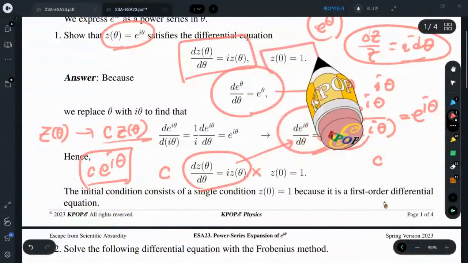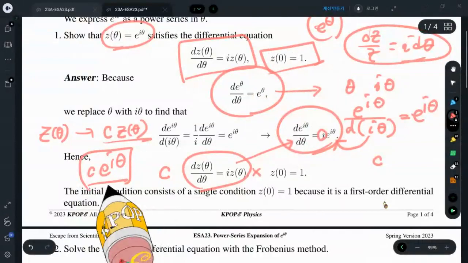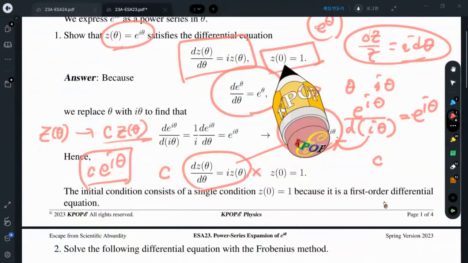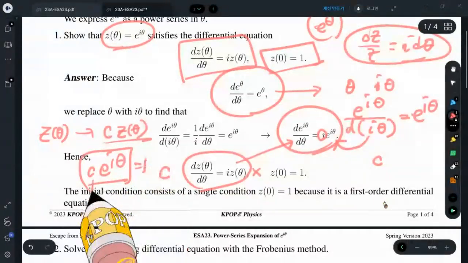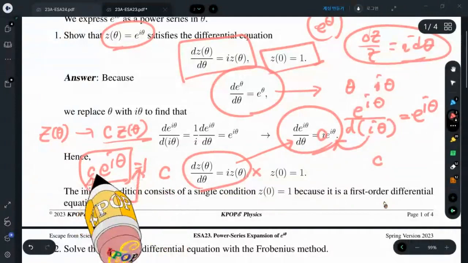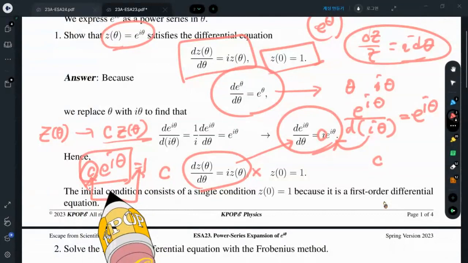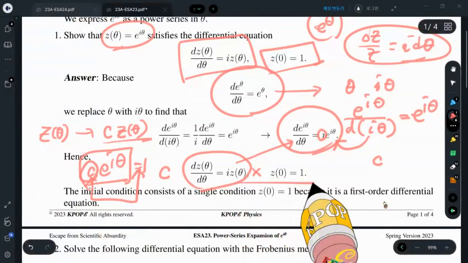And if I require an initial condition such that substituting theta equals 0 gives 1, then this integration constant is determined as 1. So this is the answer.